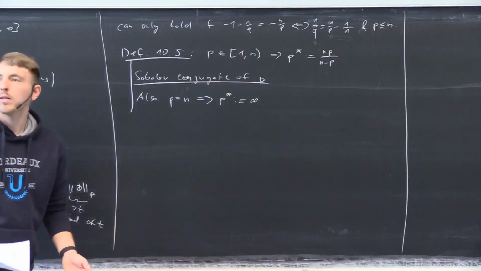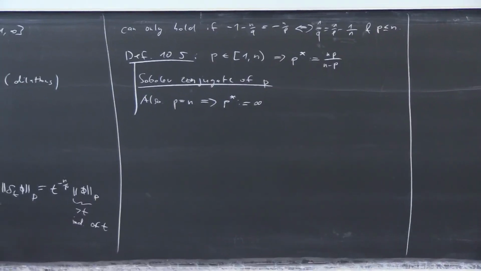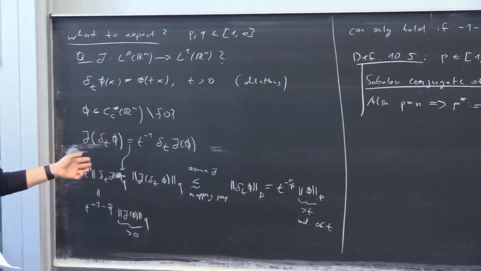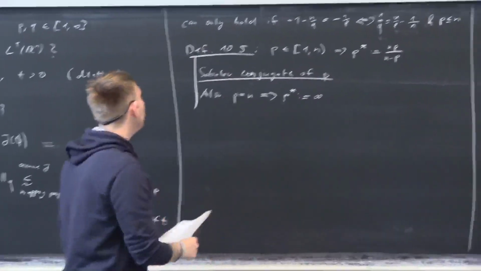So what have we learned up to now? If something will work, then J is a bounded mapping from L^p(R^n) to L^p upper star(R^n). Maybe let's write it down.